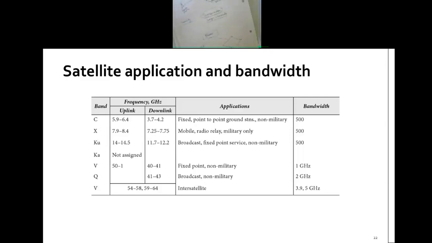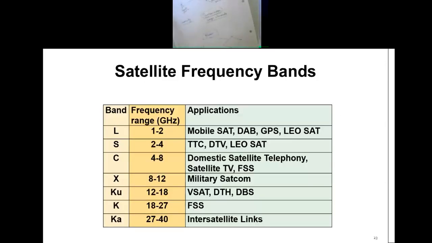We'll see a different band for the different applications. And these are the frequency bands and their applications. Already we have mentioned the various services, and the various services have various applications. So likewise, we have the various bands, that is the frequency ranges, and various applications here. So see the L band applications for mobile satellite.